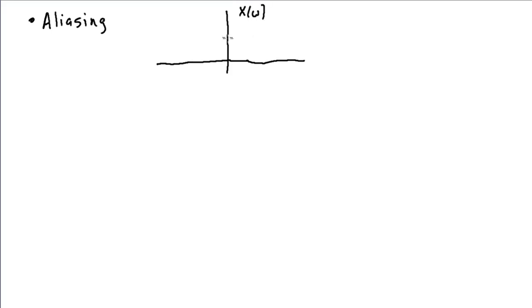So here's the Fourier transform of my continuous time signal. Say it looks like this, and it has the highest frequency in hertz of B, or in radians per second, 2 pi times B. And again, I'll give it an amplitude A here.